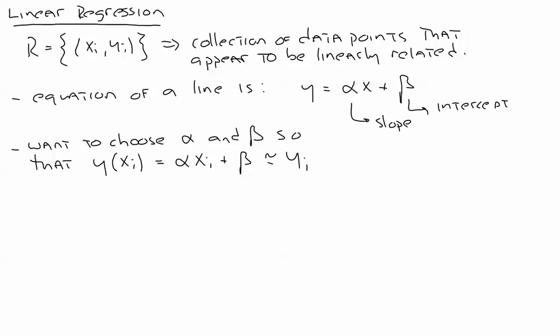We're going to choose alpha and beta so that my straight line curve evaluated at my x sub i data points is approximately equal to my y sub i data points.